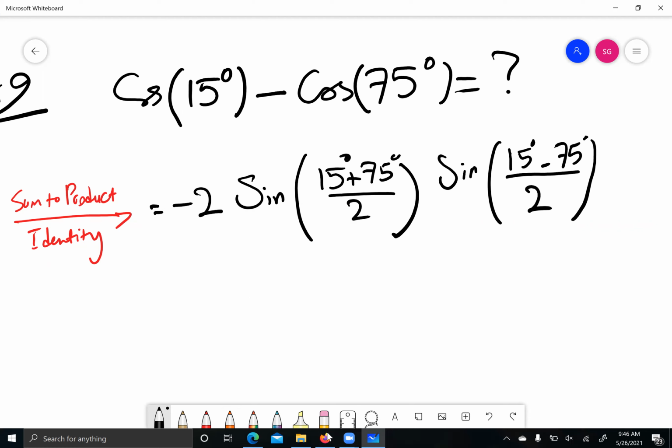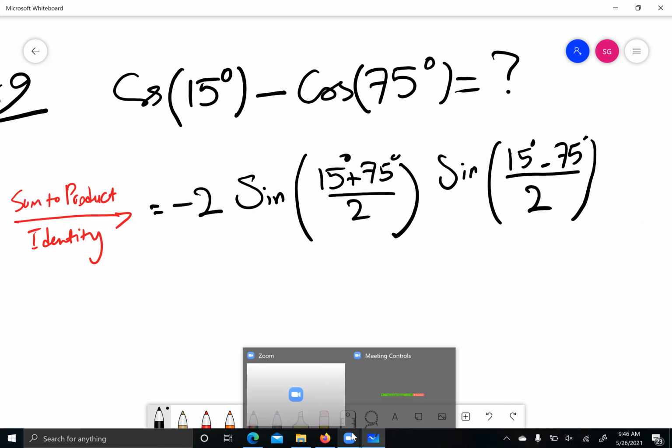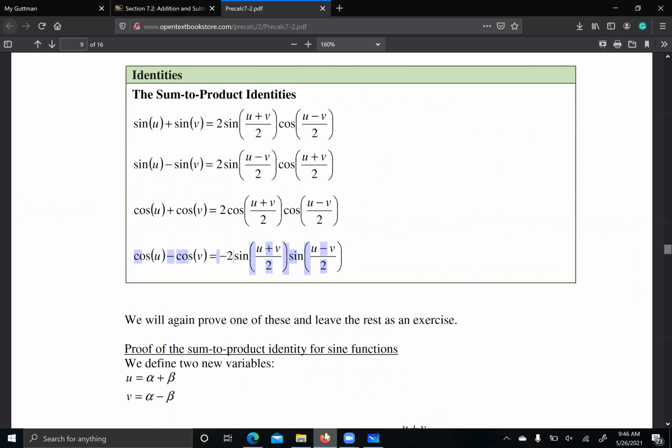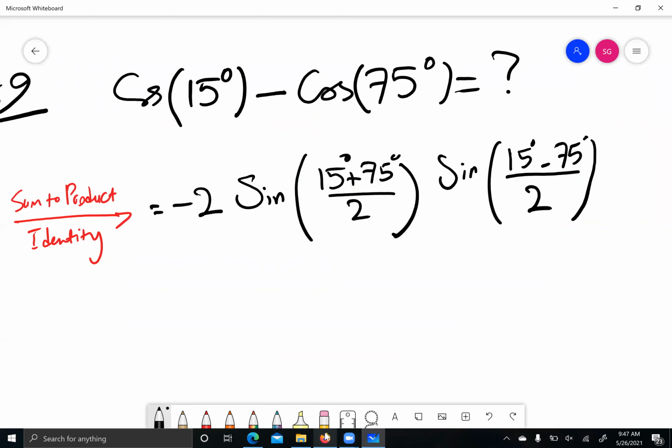Okay, so I just applied the last identity in this table, which gives a formula for the difference of two cosine functions. And we rewrite it as the product of two sine functions. The difference is that the angles are different.